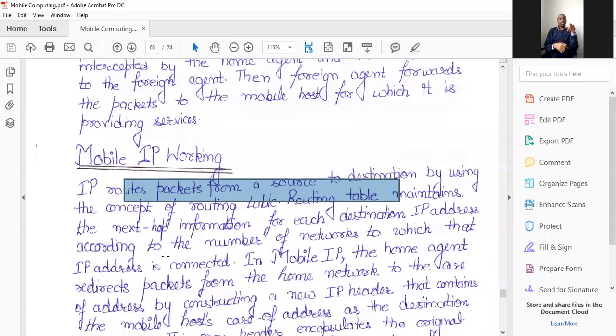So this router identifies another router to which the data packets are going. After identifying a foreign agent, this foreign agent creates a care of address. Care of address is the address that is able to link the home network and the foreign network, so that now communication can happen. And then of course, lastly, data packets are received.